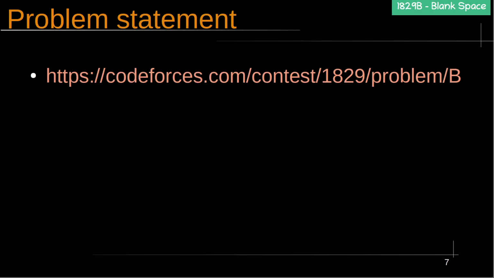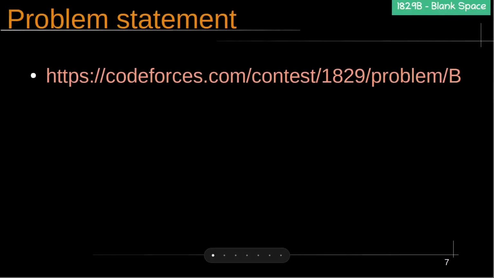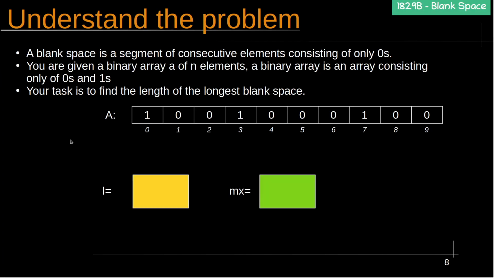Problem B, Blank Space. This is the problem statement. A blank space is a segment of consecutive elements consisting of only zeros. You are given a binary array A of n elements.